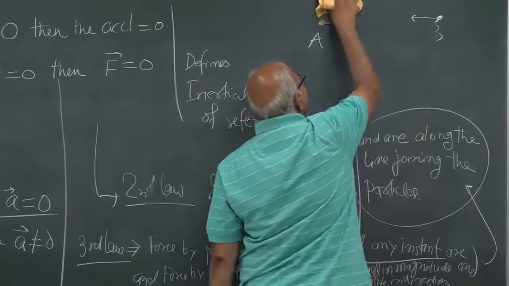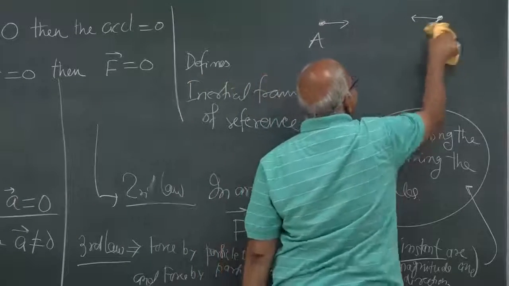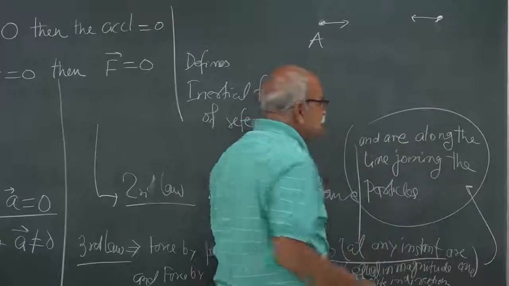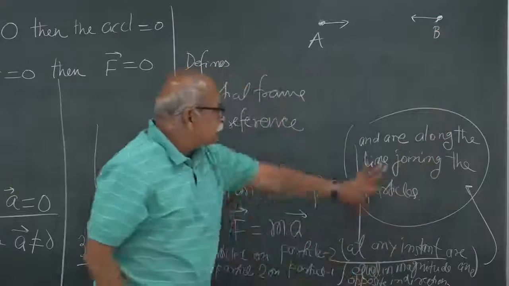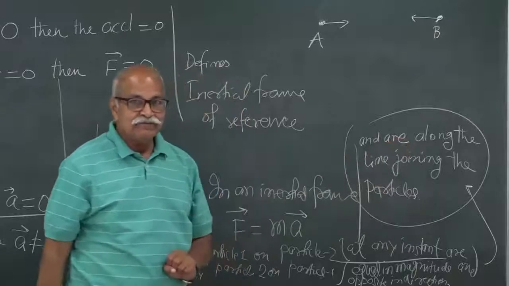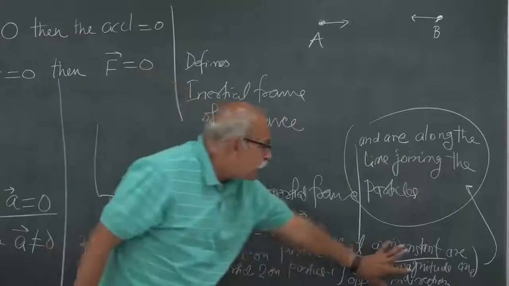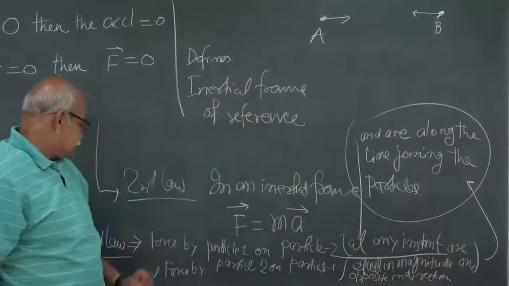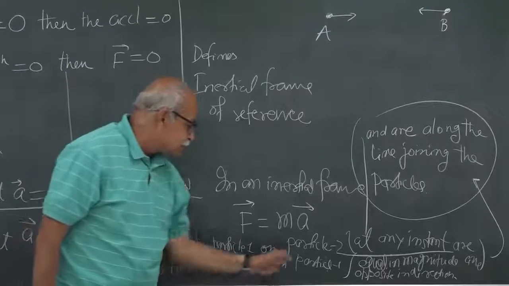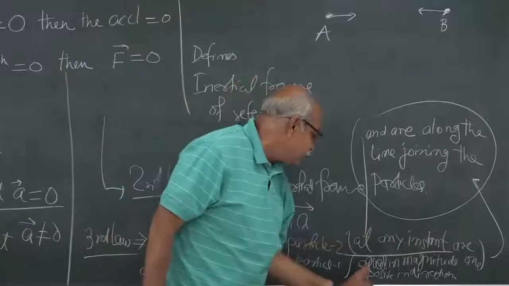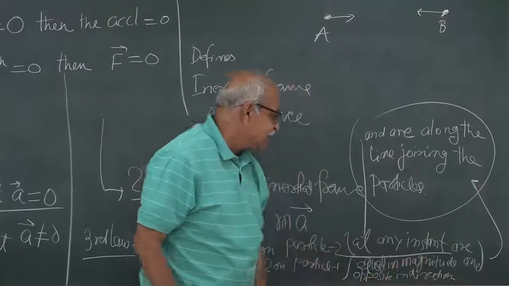Okay. Now, if that does not happen, maybe in some cases if it does not happen, then this part will not be valid. Now, if you stop here, what is Newton's law? Force by particle 1 on particle 2 and force by particle 2 on particle 1 at any instant are equal in magnitude and opposite in direction.